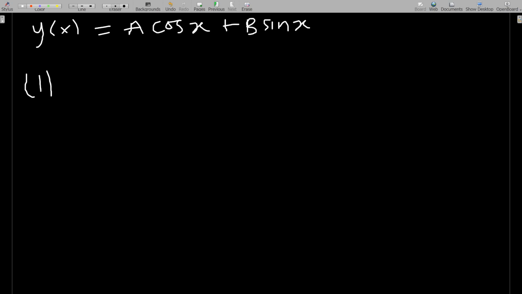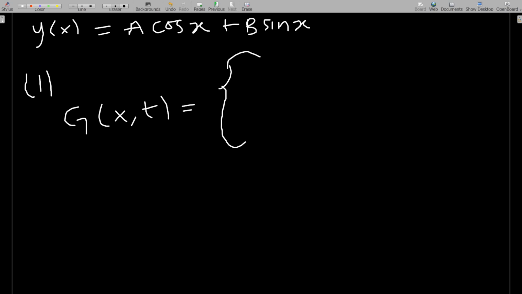If a Green's function exists, then the general form of the homogeneous part was y of x is equal to a cos x plus b sine x. Then we are saying that the first point is, g of x,t should take the form of the general solution to the homogeneous part.